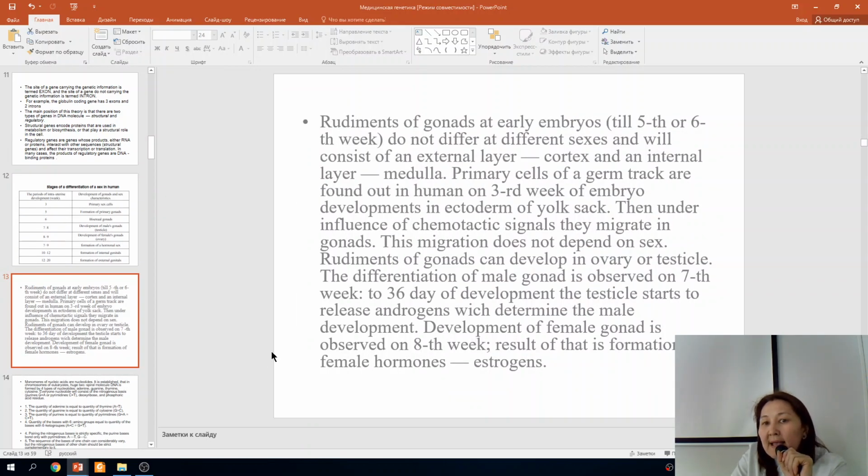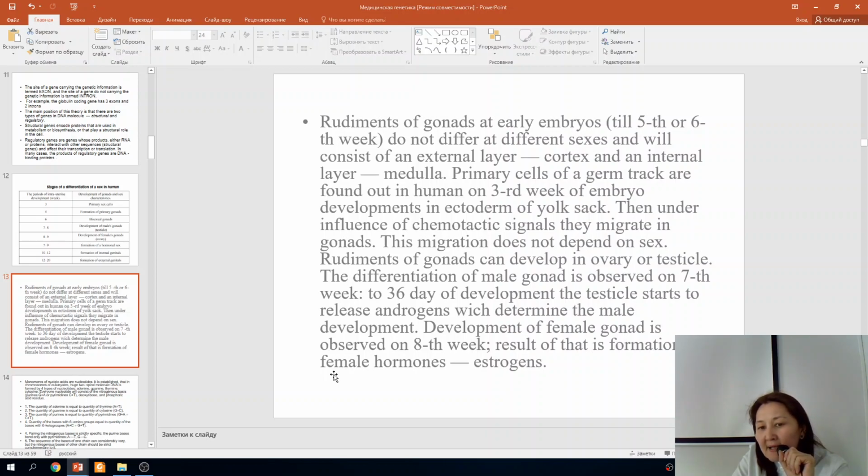Rudiments of gonads in early embryos in the 5th to 6th week do not differ in different sexes and consist of an external layer, the cortex, and an internal layer, the medulla. Primary cells of the germ tract are found in humans in the 3rd week of embryo development in the ectoderm of the yolk sac. Then, under the influence of hematocytes, signals will migrate into the gonads.